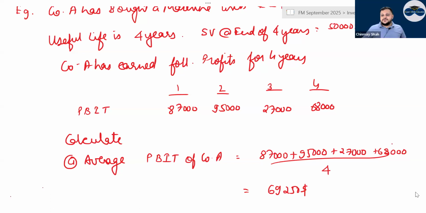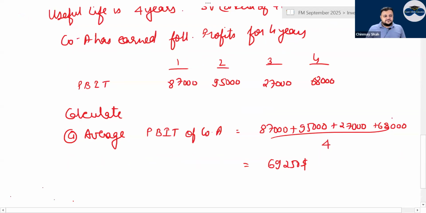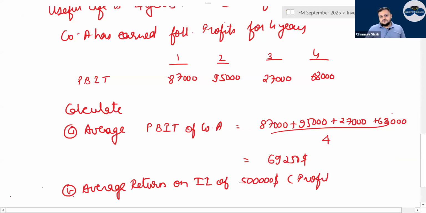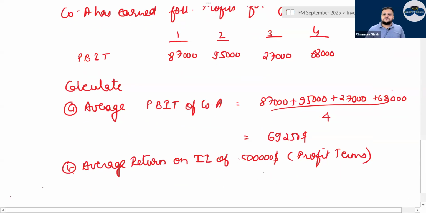So therefore, if I ask you, what is the average return on the initial investment of 500,000 in profit terms, तो कैसा find out करोगे? How will you find out?